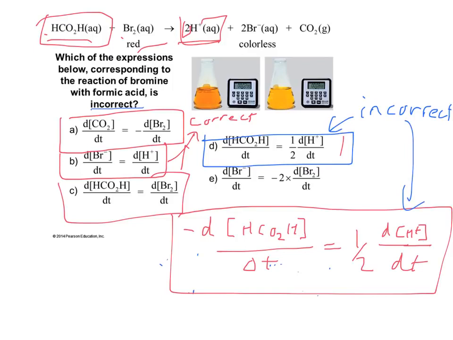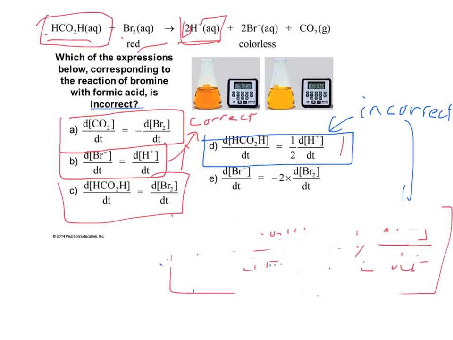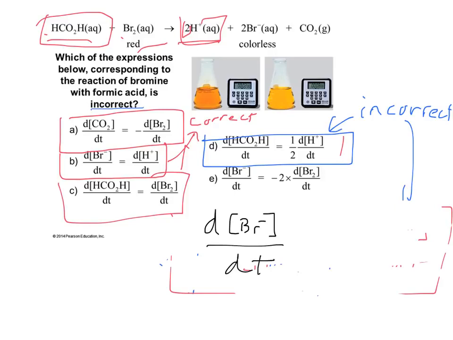If we come over here and look at our last one, our E choice there. If we were to write those by default, we'd say, and it has a 2 there, so we'd say 1/2.